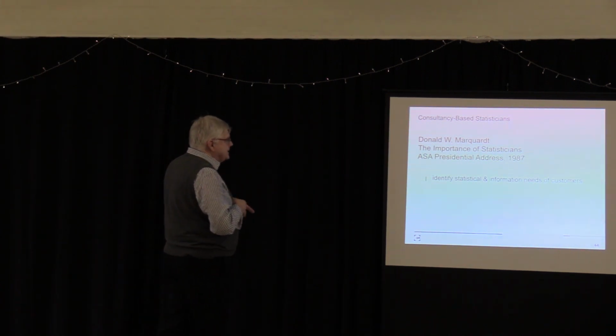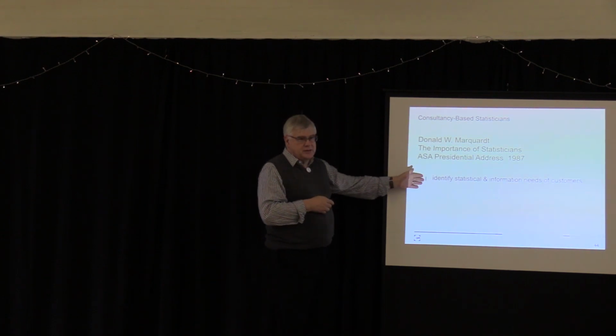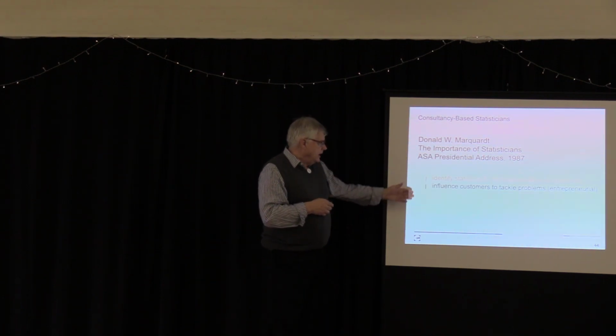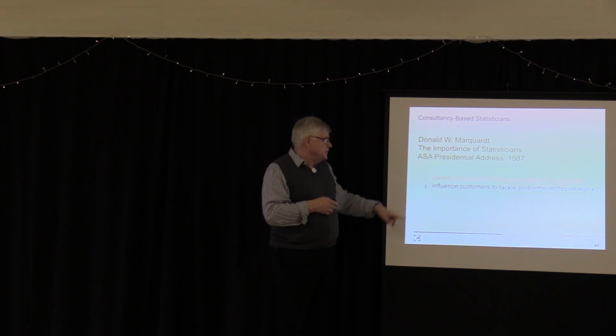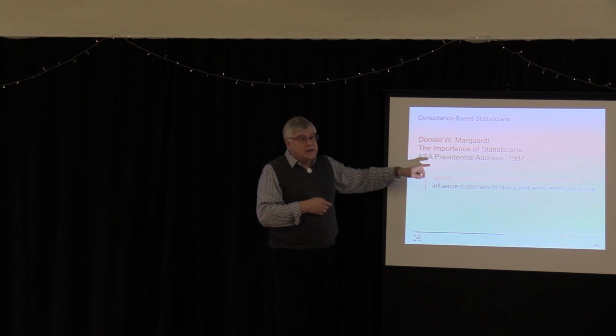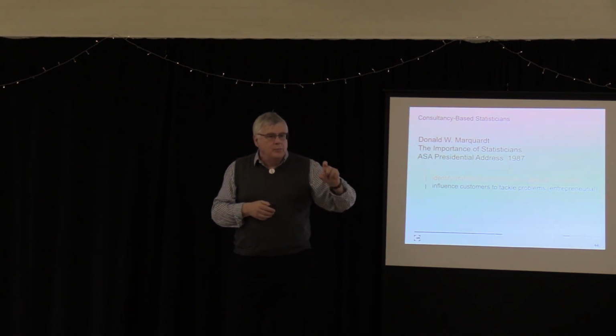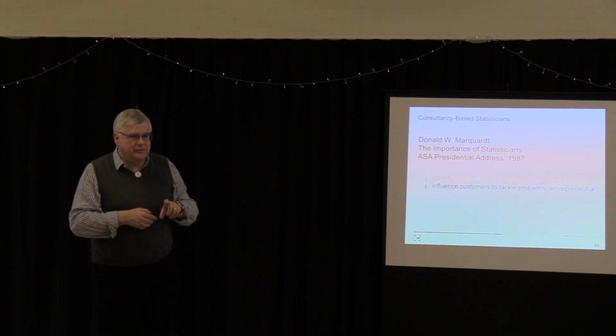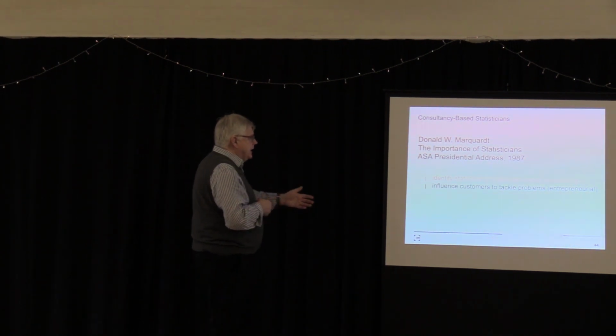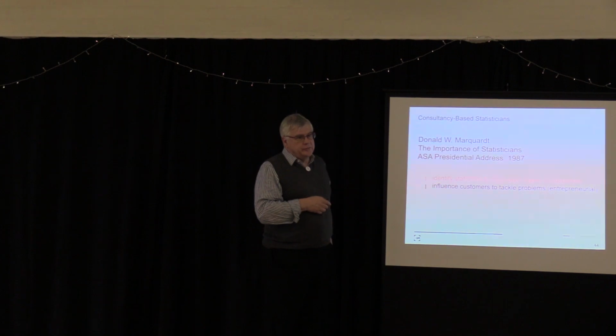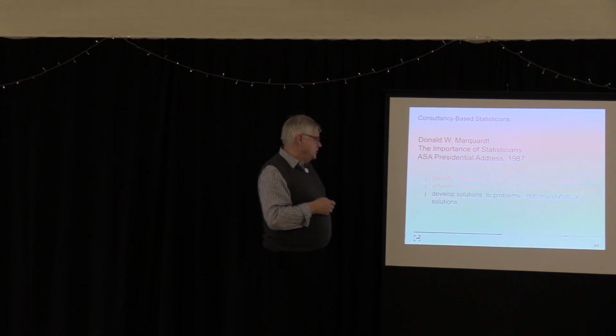We should be identifying the statistical and information needs of customers, influencing customers to tackle problems. This, I think, is important because it says that we should be proactive, not reactive. We need to be entrepreneurial to influence our customers to tackle problems.